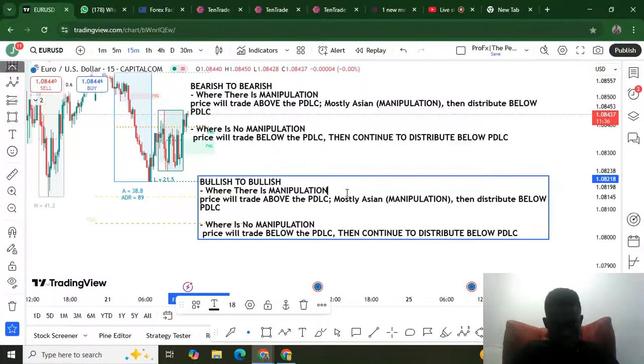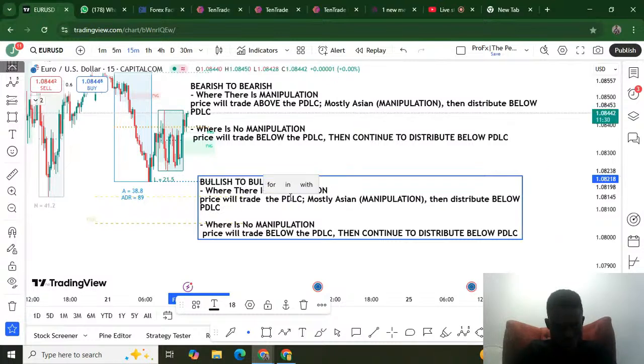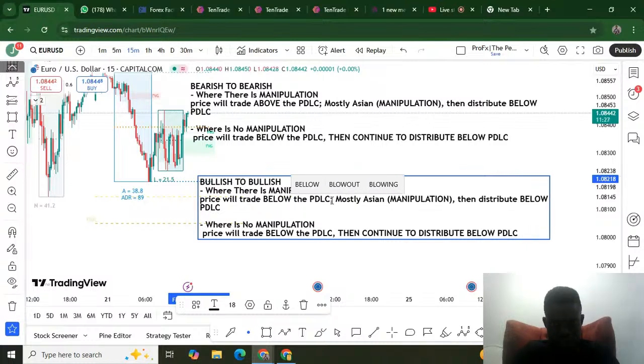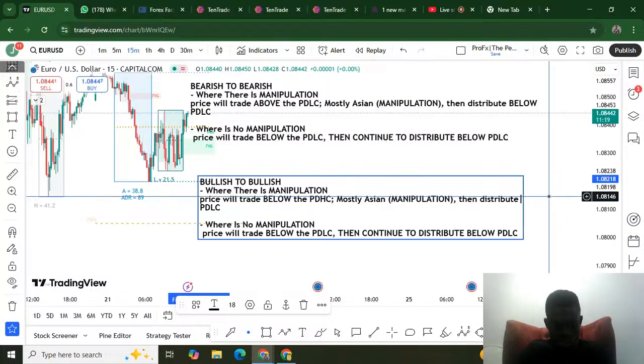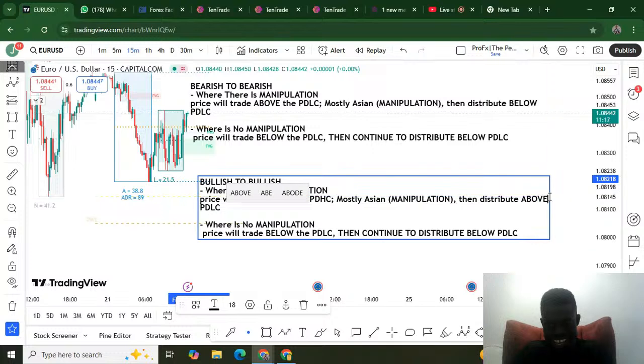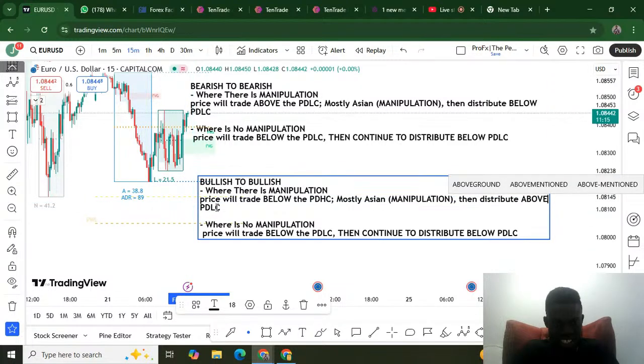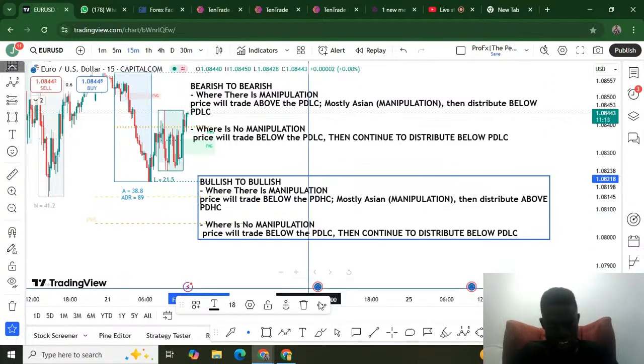Where there is manipulation, price will trade below the previous day high and close, mostly Asian, then distribute above. Just change the tenses.